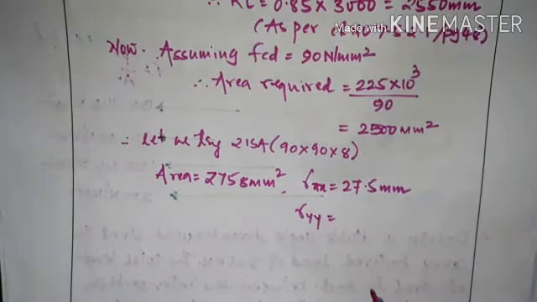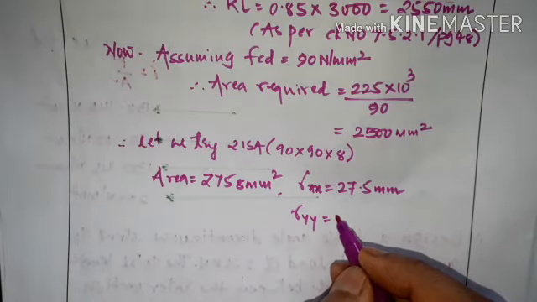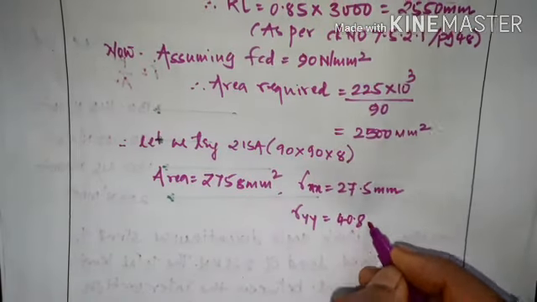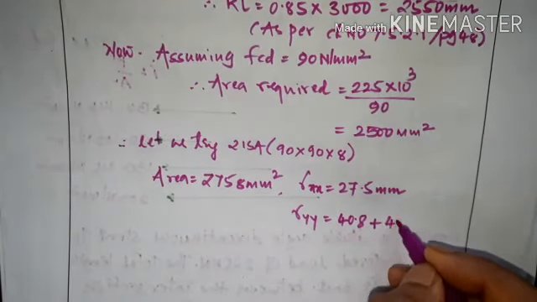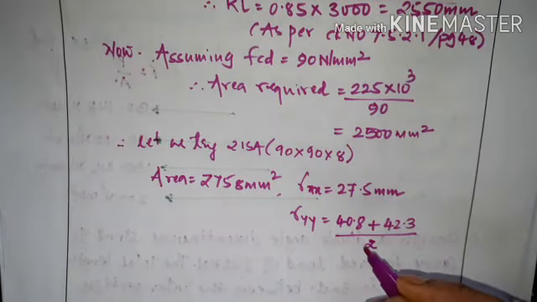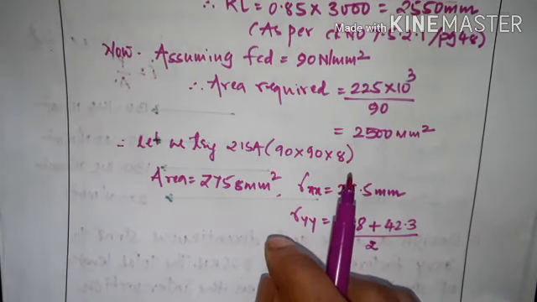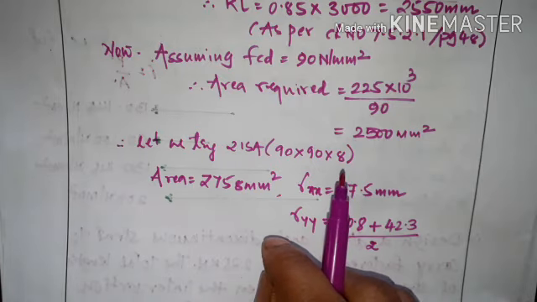So interpolate: for 10 and 14, the mid value is 12. So for 10 it is 40.8, and for the 14 mm gusset plate it is 42.3. You directly divide it because the mid value is 12, as the plates are available in even thickness: 8 mm, 10 mm, 12 mm, 14 mm, like that.